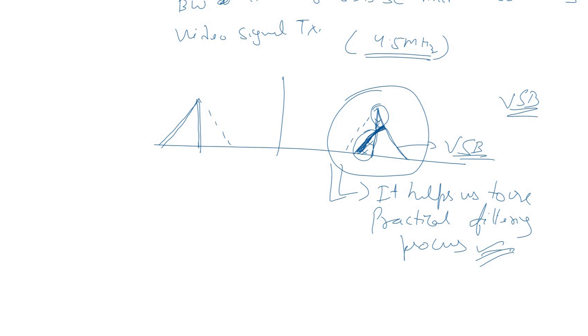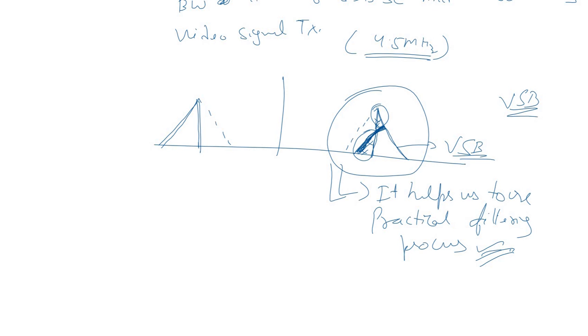I'm repeating once again, a vestige part of the undesired sideband is included in the signal, and a similar part of the desired sideband is eliminated. So in totality, there is no loss of information. That is the concept of the vestigial sideband modulation scheme.